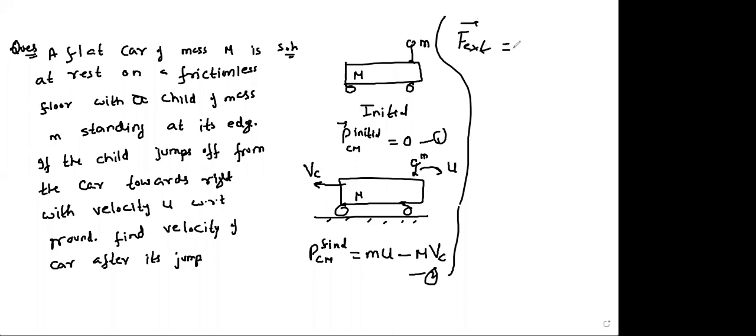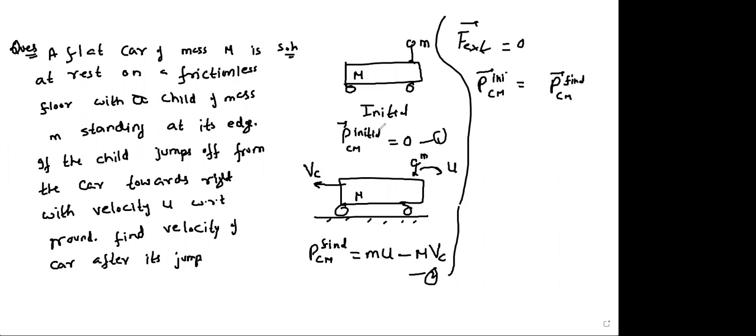If there is no external force, can I say that momentum remains conserved? Yes. Initial momentum of the center of mass will be equal to the final momentum of the center of mass.